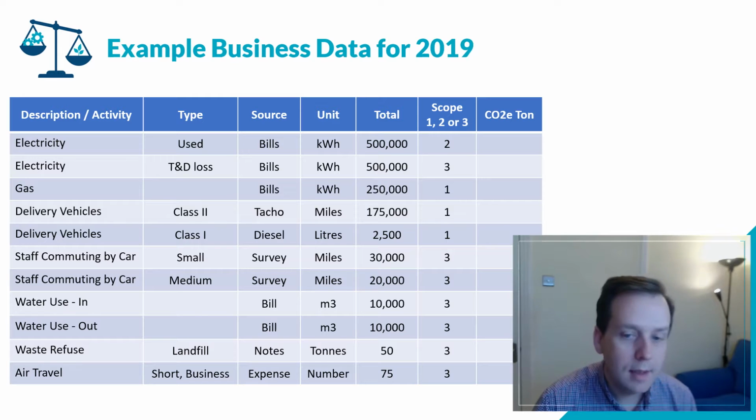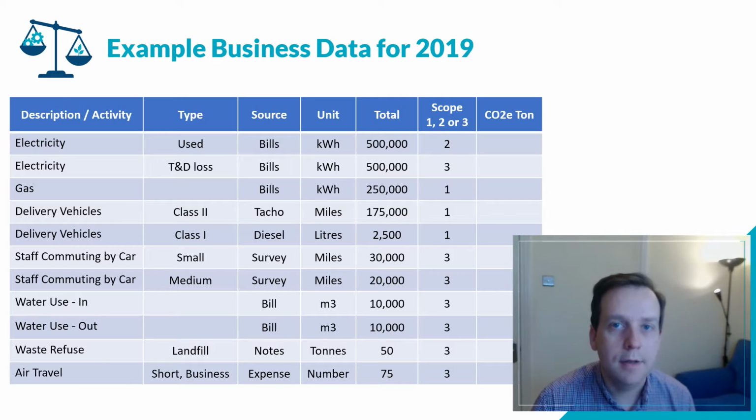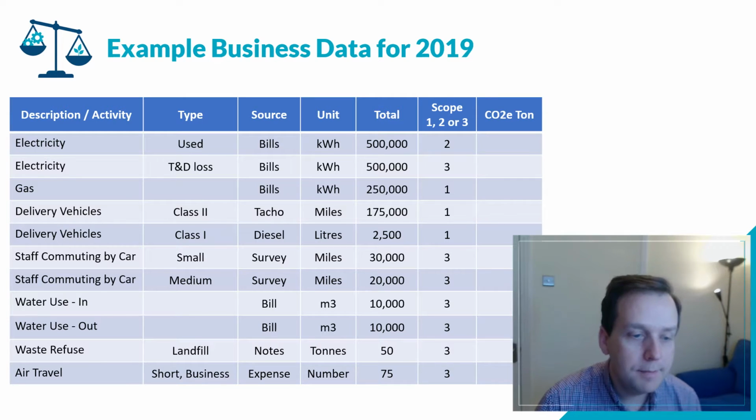Water use. Some businesses may be surprised, but water does have a carbon footprint, both water in and water out. Water in is your clean drinking water, and water out is your waste.